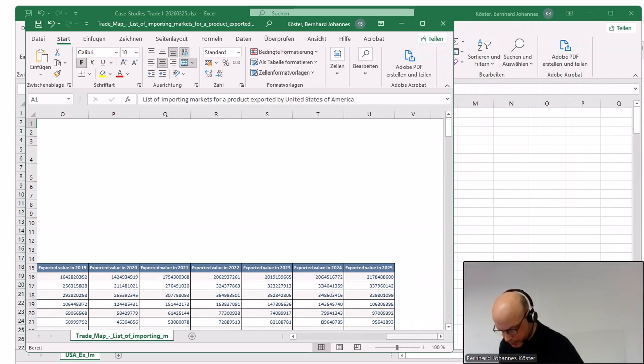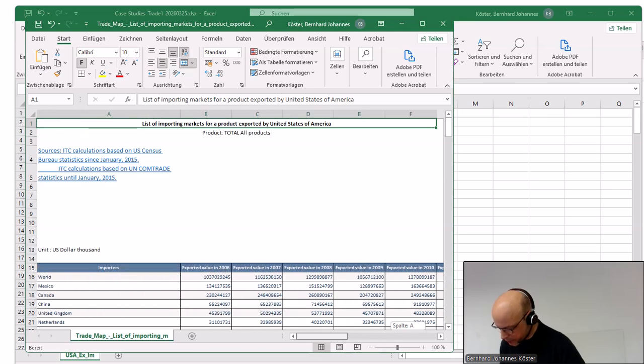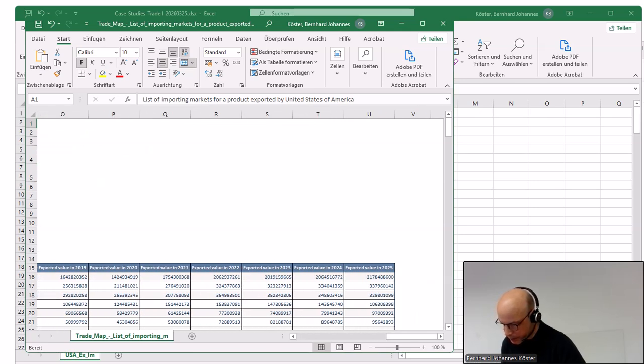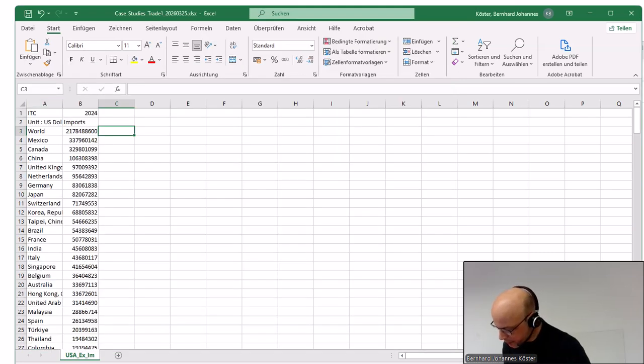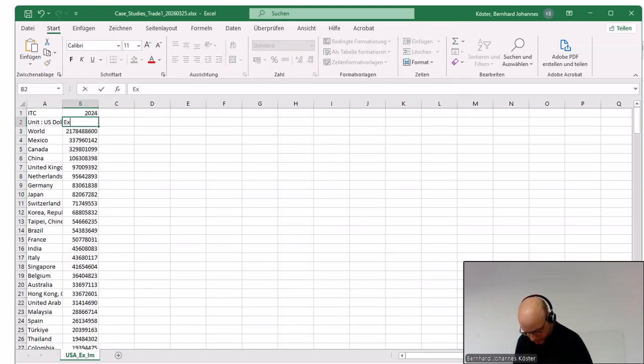So I'm sorry for this, these are the exports of the United States. So markets for product exported by the United States. You see it here in the name of the file. So these are exports.